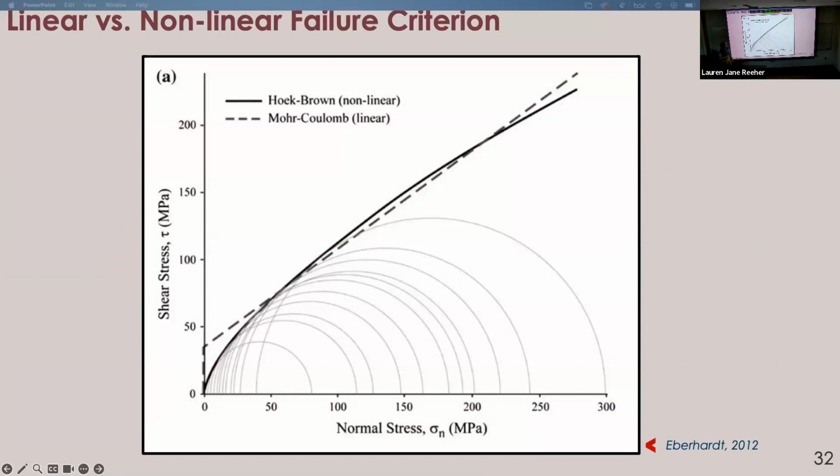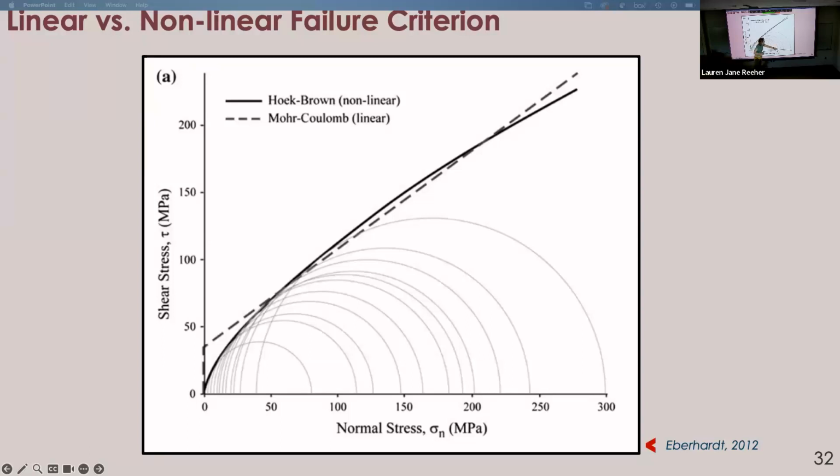Okay, so just a little bit of background on linear and nonlinear failure criteria. In structural geology, most of us are taught primarily this linear failure criteria, or Coulomb failure criteria. It allows you to more simply relate the stress environment to when that rock is going to fail.